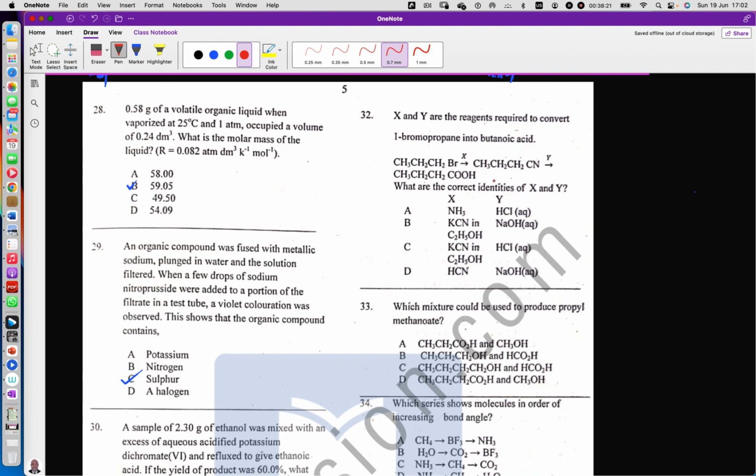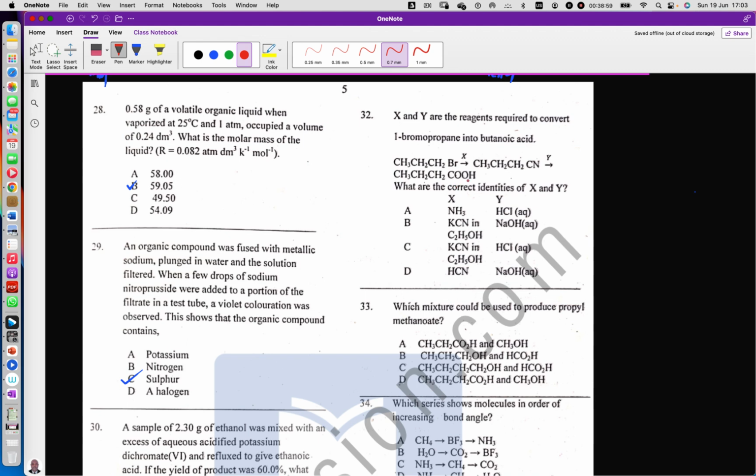So in this case, the reagent X will be potassium cyanide in ethanol, or you can call it ethanolic potassium cyanide. And Y will be acid hydrolysis, that is the acid in water, which converts the butane nitrile to butanoic acid.